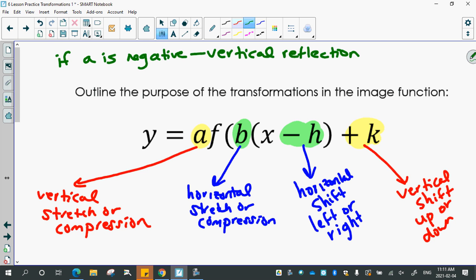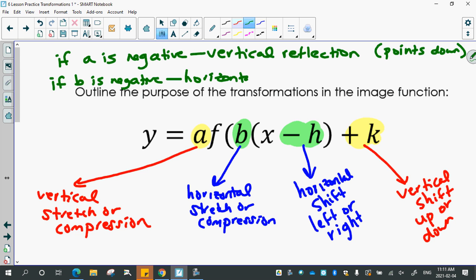So that's points down. And if B is negative, you have a horizontal reflection. So points left.